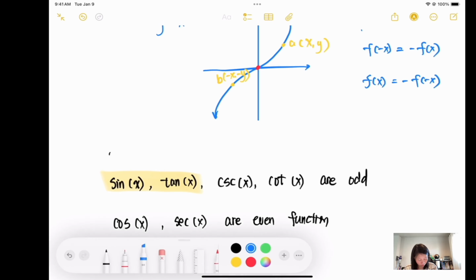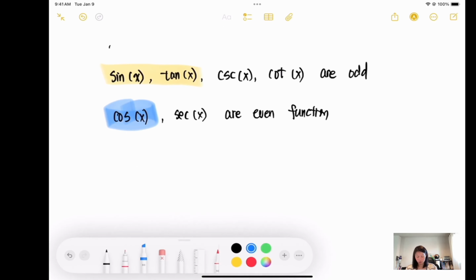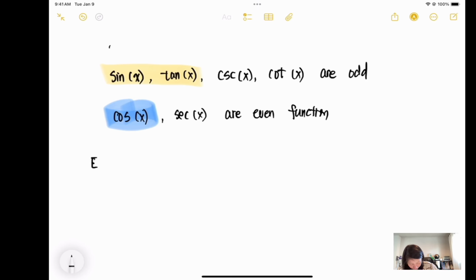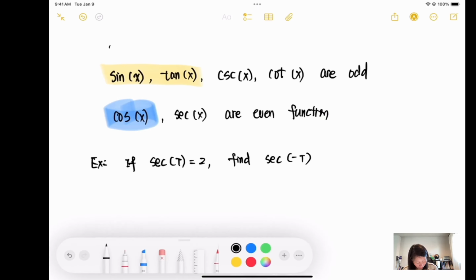Okay, I'll show you some examples. What does that mean? So, for example, if secant t is equal to 2, I want you to find secant negative t. So now let's take a look. Our cosine and secant functions are even functions.